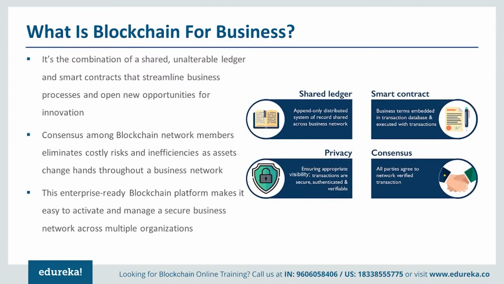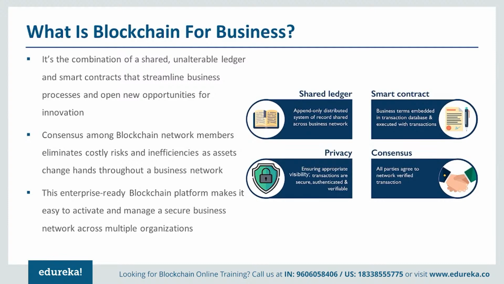Now, these four things are key characteristics of blockchain for business. One is your shared ledger. Shared ledger is nothing but your distributed ledger, which is the same as any other blockchain ledger, where you are storing all the transactions. Another is your smart contract, which we call chain code. The third is your privacy. Privacy basically means that your transactions are secured. Your data is only visible to the person who is authorized to view that information.